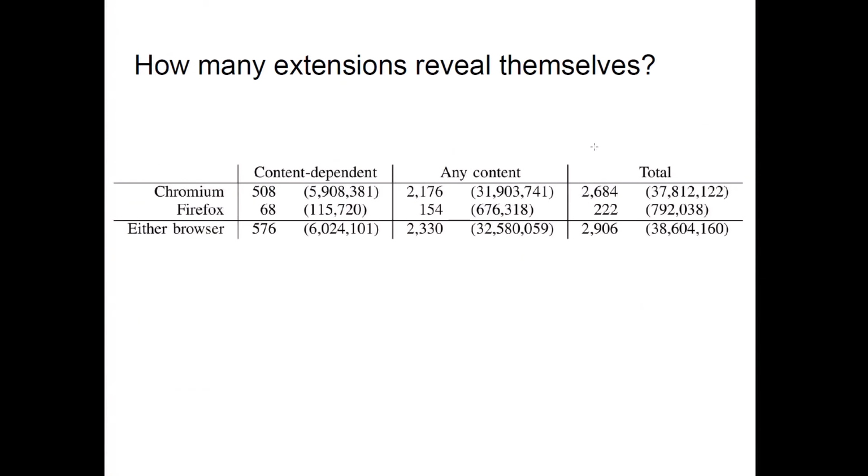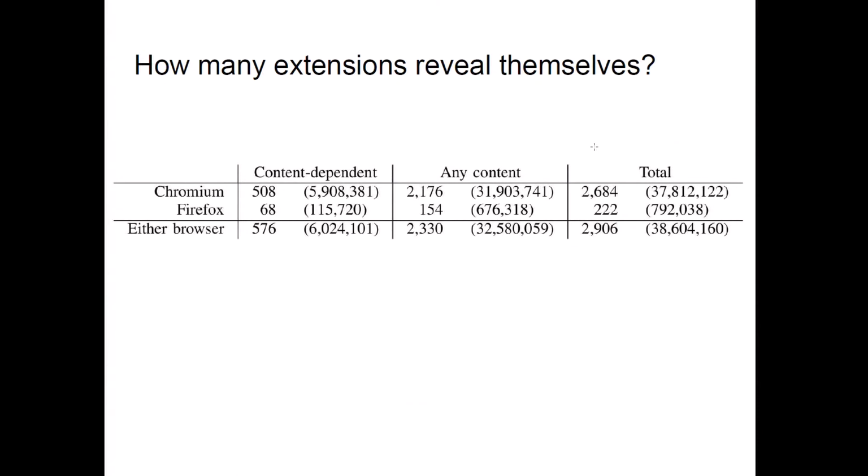So it turns out that not many extensions actually are dependent on the structure of the DOM for them to inject content. The content-dependent part is the ones that required a certain structure of the DOM, where the any content basically meant that they injected their content onto a blank web page, where the URL was the only thing that mattered.